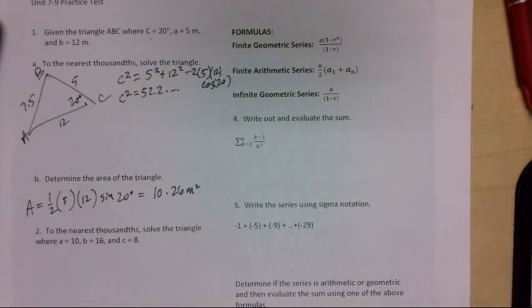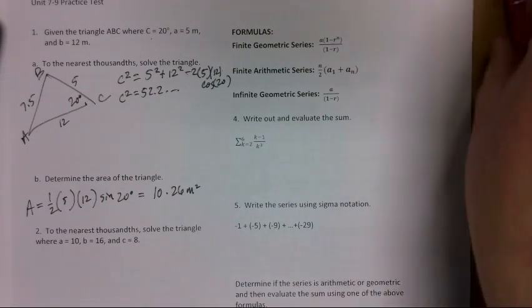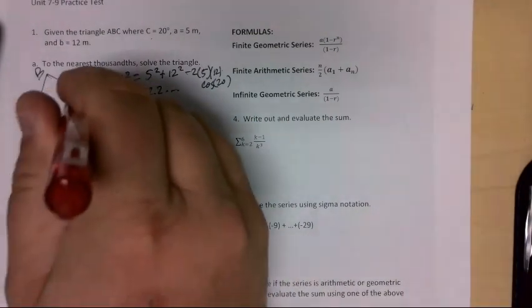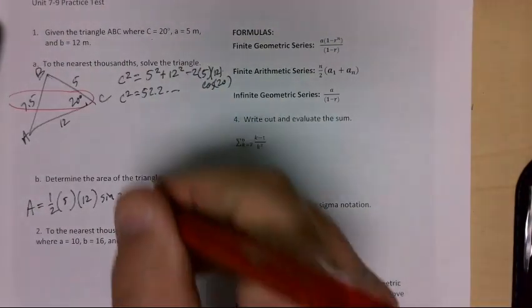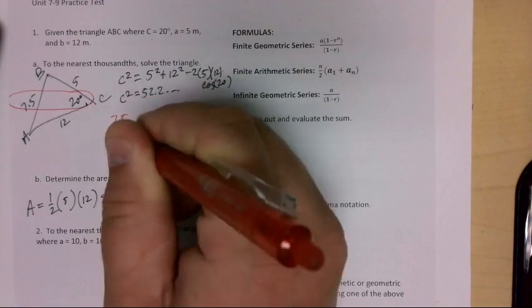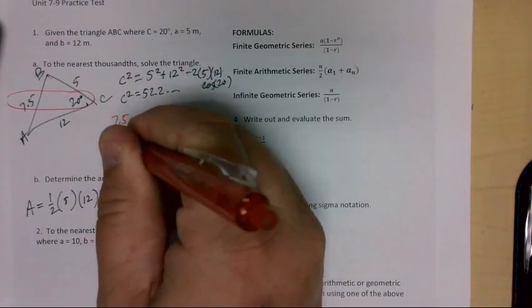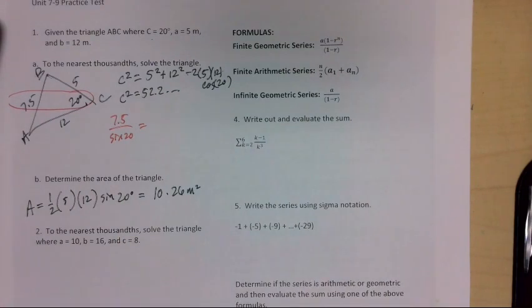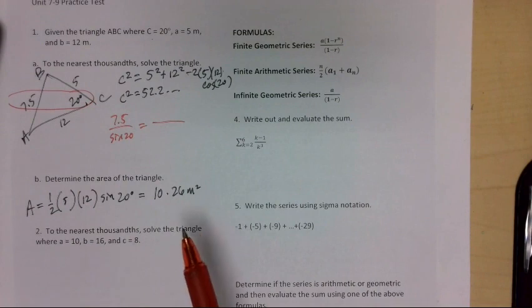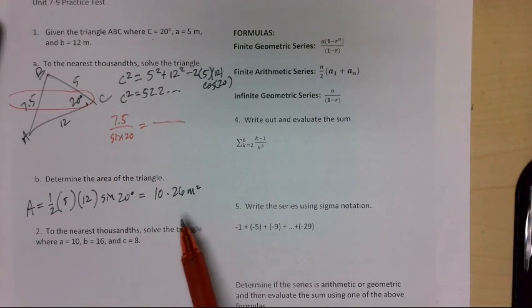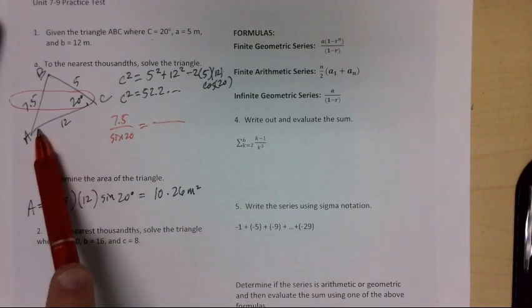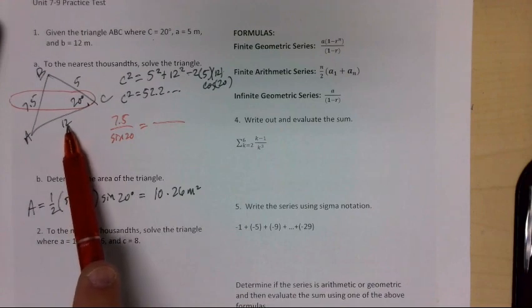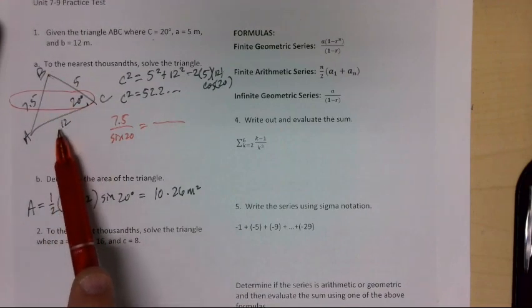Okay, so 7.5. Now I can use the law of sines because I have a pair right there. So 7.5 over the sine of 20. This right here should be the biggest side, so I want to save that for last.